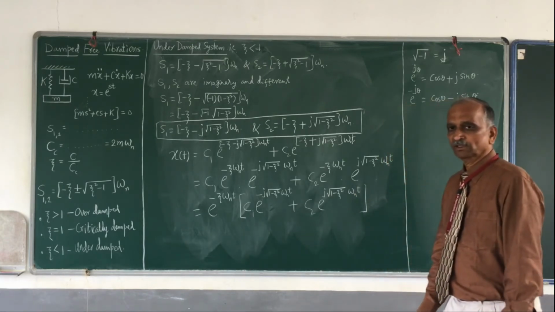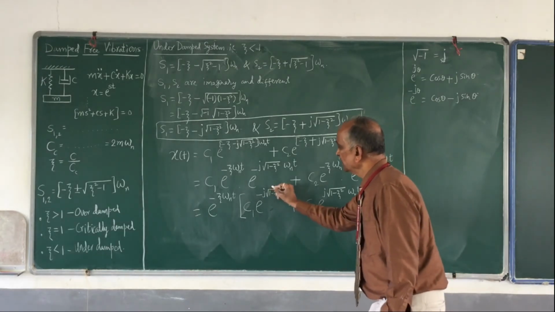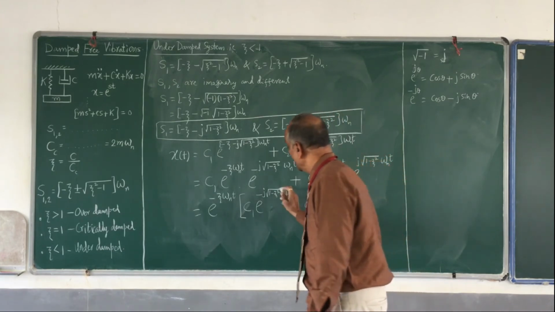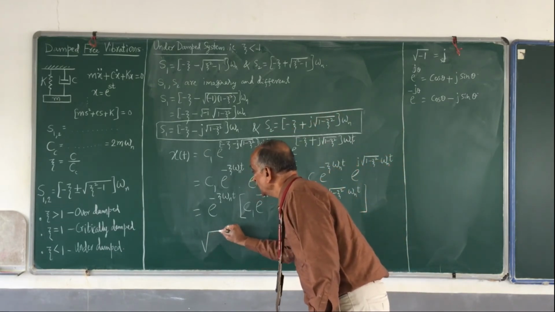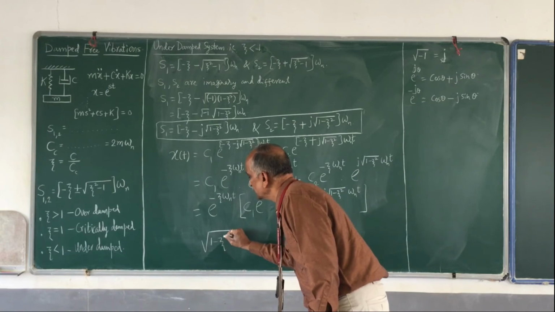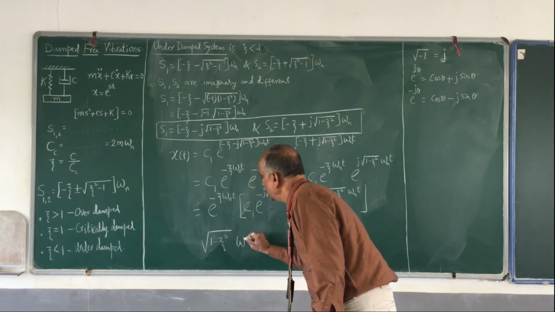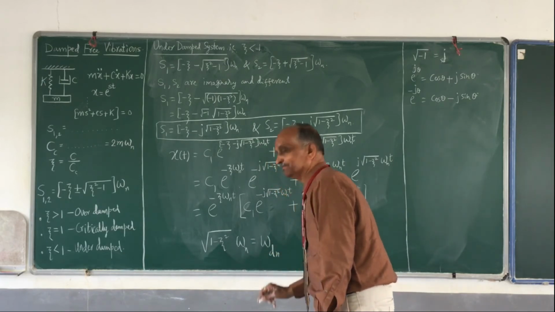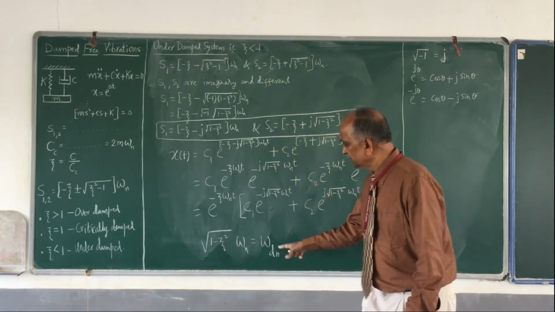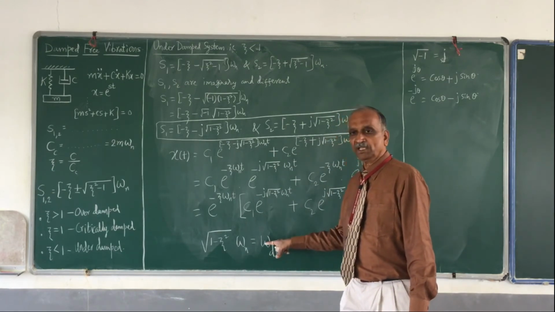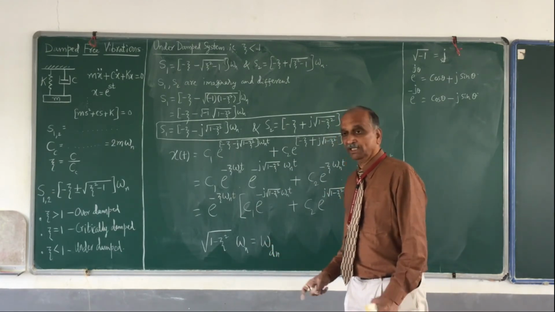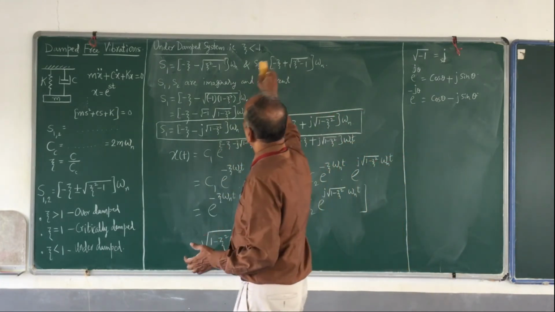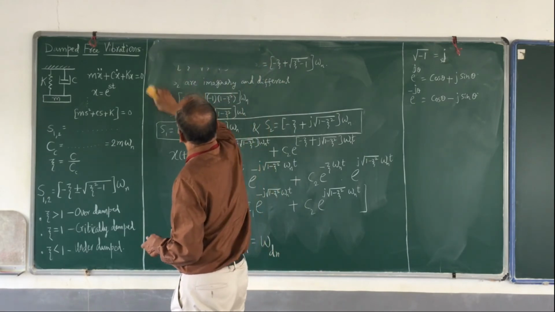Okay, close. Now this root of 1 minus zeta square multiplied by omega n, I shall call it as omega suffix dn. Meaning is damped natural frequency, omega dn. Okay, so I shall substitute this. So I make use of this space.